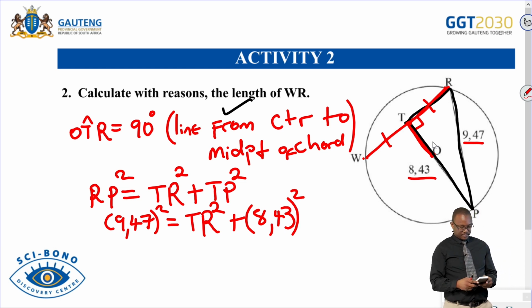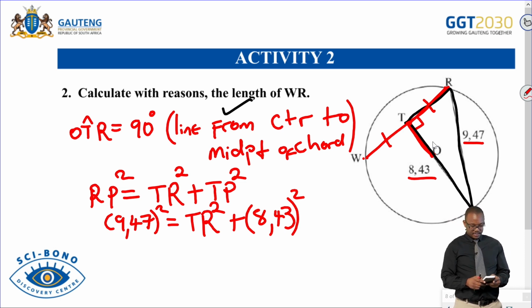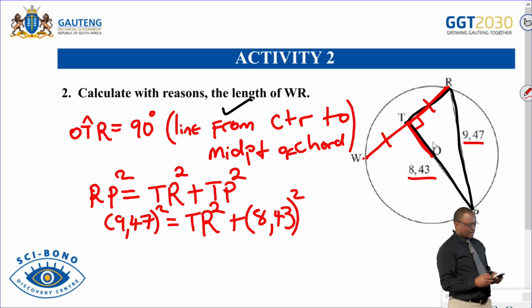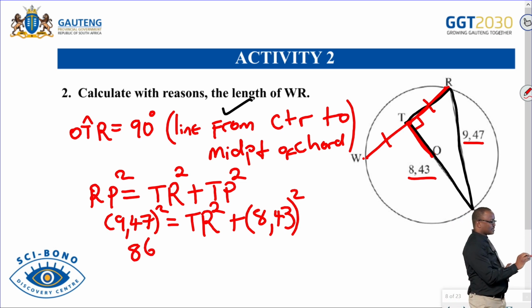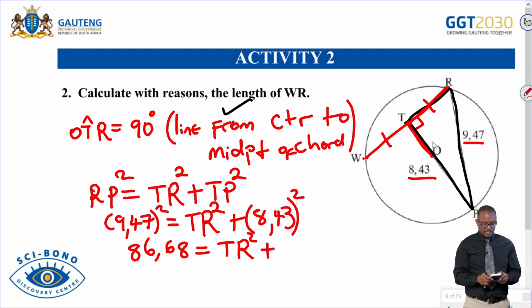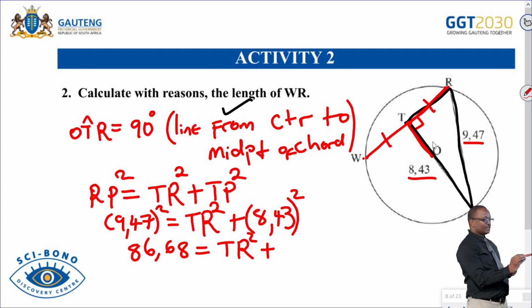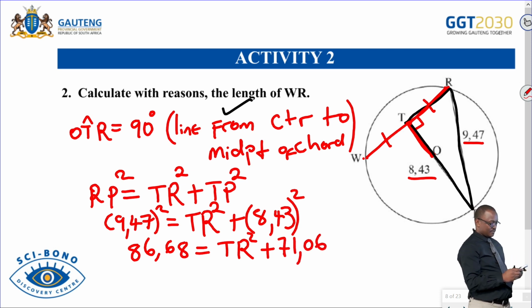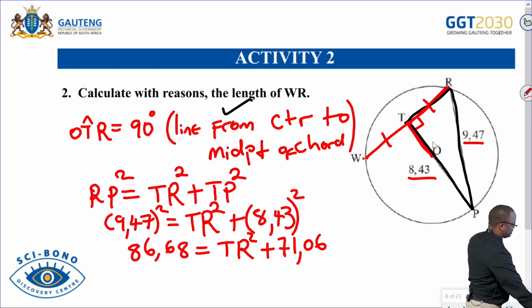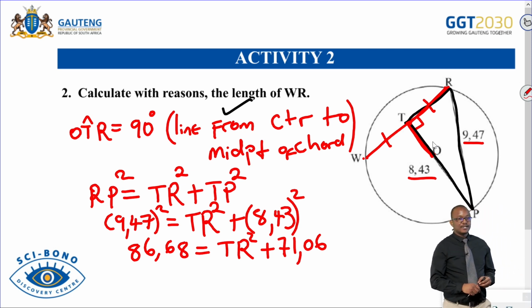9,7 squared. Then it's going to be 86,68. Then you will have to punch again your 8,43 squared. Then here you're going to get 71,06.